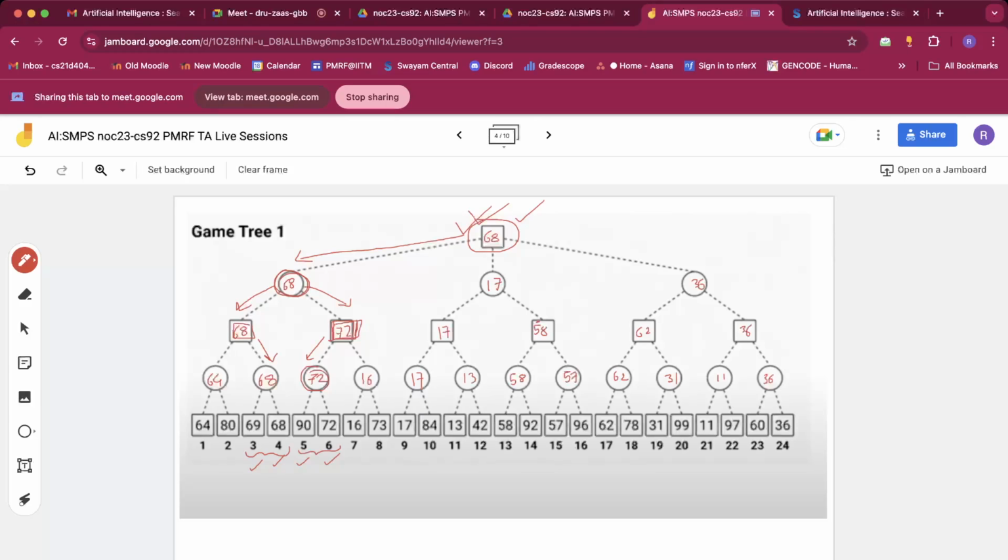I think this was what was asked by your colleague Satish, right? Since we are using a 4-ply game strategy, we will report the four most relevant nodes that gave us the best strategy.